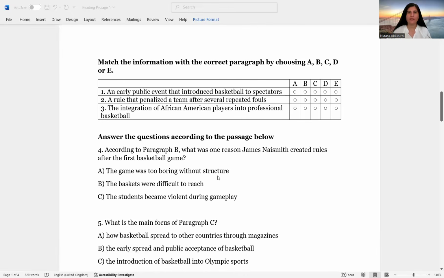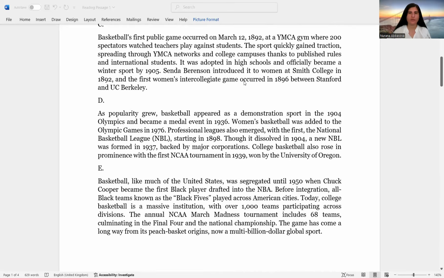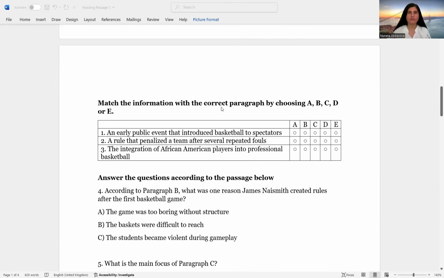And we can use again the strategies that we used before. Of course, first read the title. Every time, read the title. The invention and evolution of basketball. So you understood that this is going to be about basketball, how it developed, how it was created. It is like skimming the text.